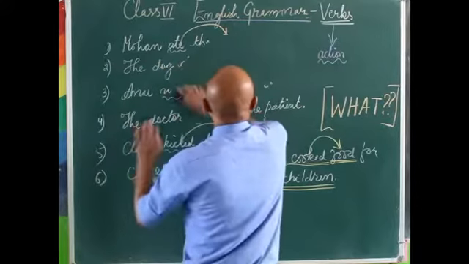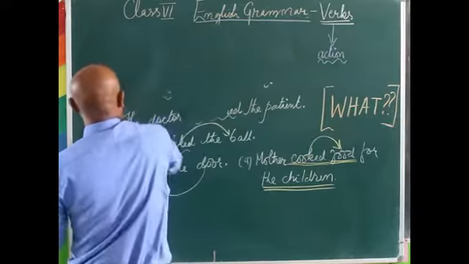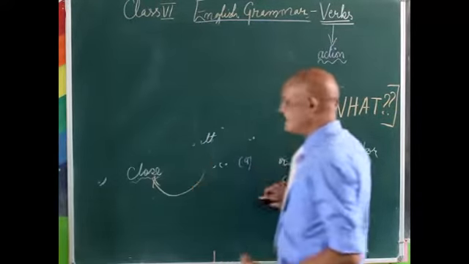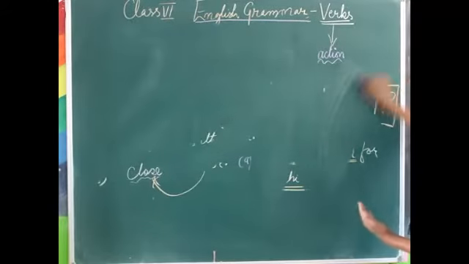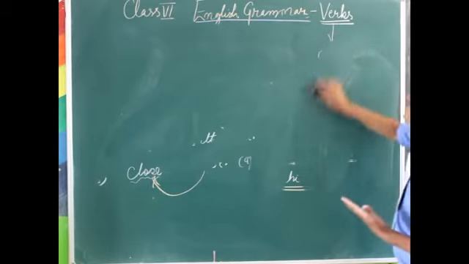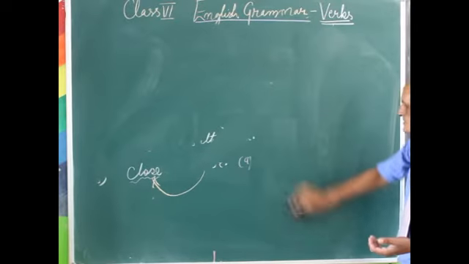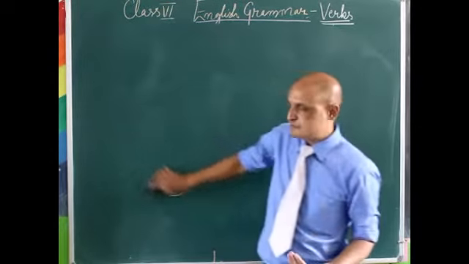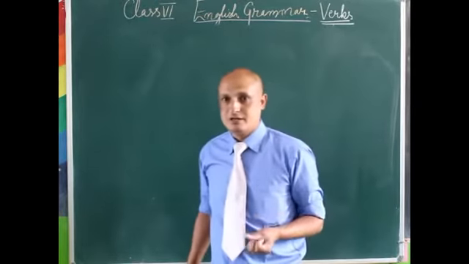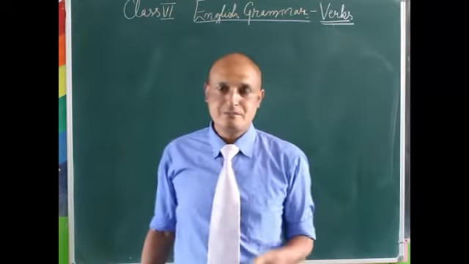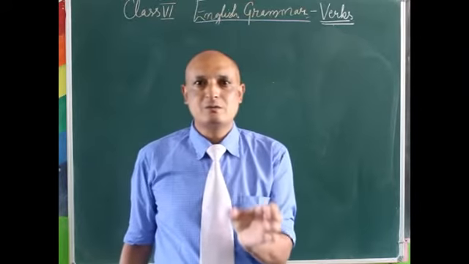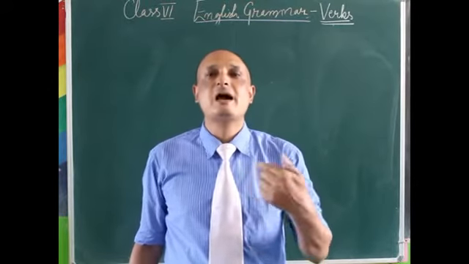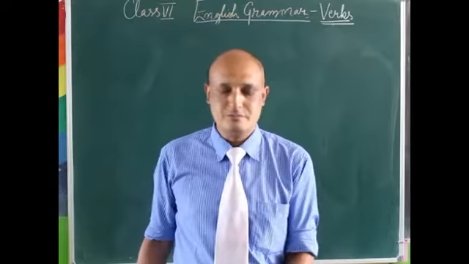A verb is that part of speech in a sentence that denotes an action word, one that tells us about some action being performed by a subject in a particular sentence. So verbs are words that denote some action being performed.